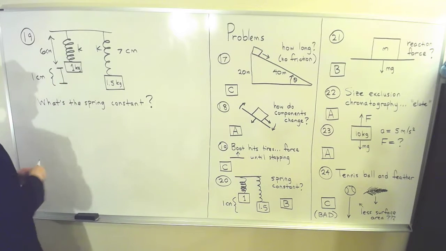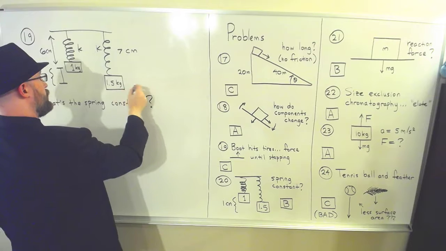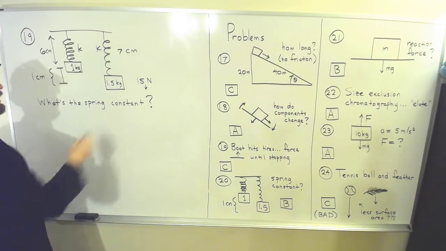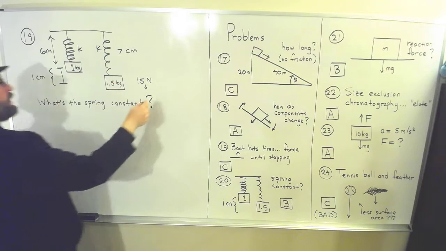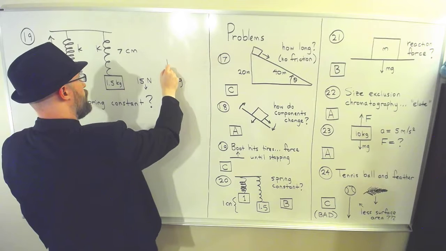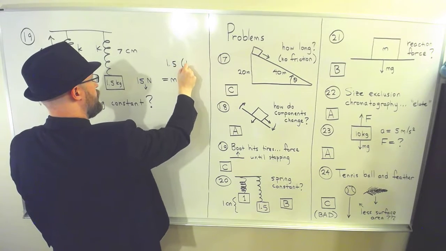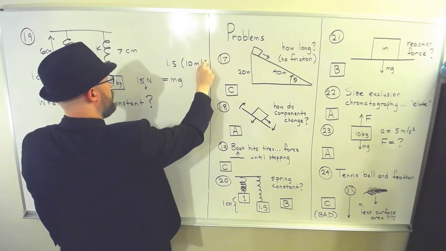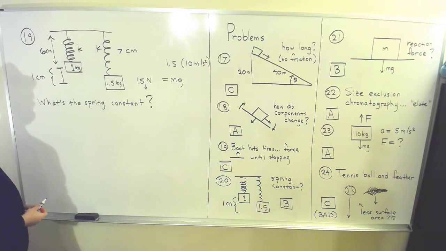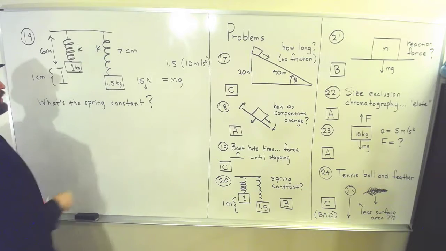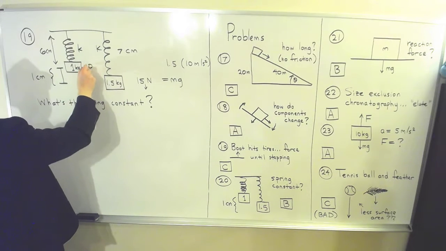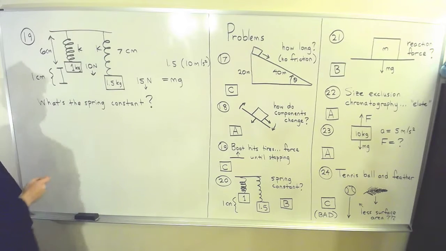And so the force that's being applied here is going to be 15 newtons, because this is mg. So the m is 1.5 kilograms, the g is 10 meters per second squared. I could put a negative in there because it's going downward, but I'm saying 15 newtons in the downward direction, so we won't worry about that, whereas this one is 10 newtons in the downward direction.